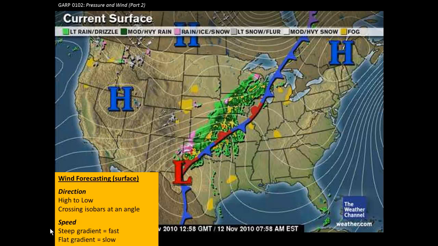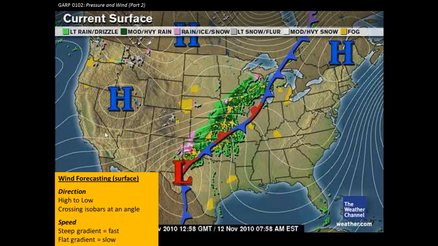Direction is always generally from high pressure to low pressure, and your wind always crosses the isobars diagonally at an angle. Speed: if you have a steep pressure gradient, wind is going to be fast. If you have a flat gradient, wind is going to be slow.